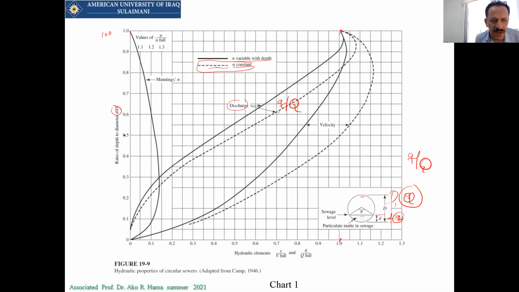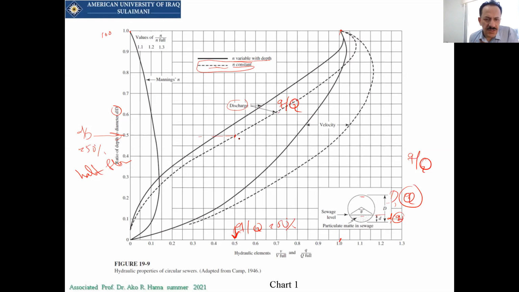And if I have half flow, it means that d over D is equal to 50%. So the small q over capital Q is equal to 50%. It means that the flow will be half of the flow capacity.